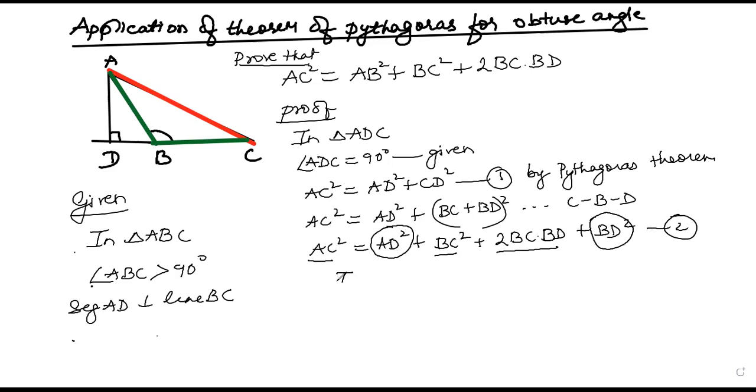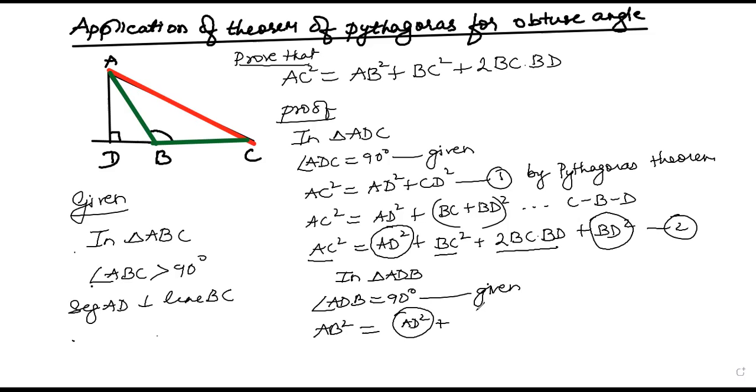Now, in triangle ADB, angle ADB equal 90 degrees, given. So what will be Pythagoras theorem here, children? Therefore, AB square equal AD square plus BD square. Statement number 3, by Pythagoras theorem.